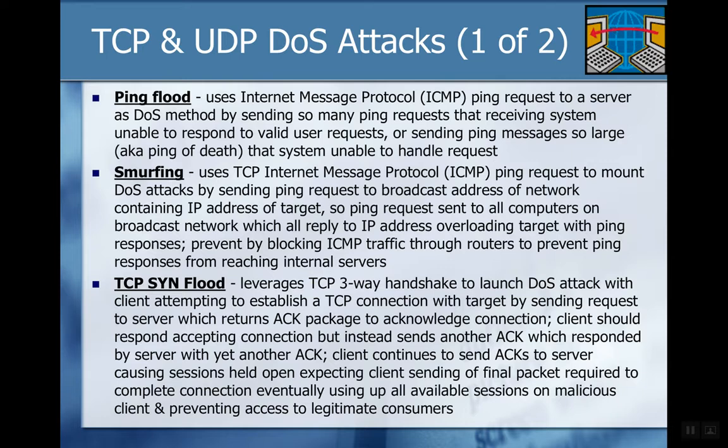Another well-established attack method is leveraging the three-way TCP/IP handshake using what we call a TCP SYN flood, where the synchronization messages are sent en masse to a target, which will then interfere with the operation of the targeted machine.